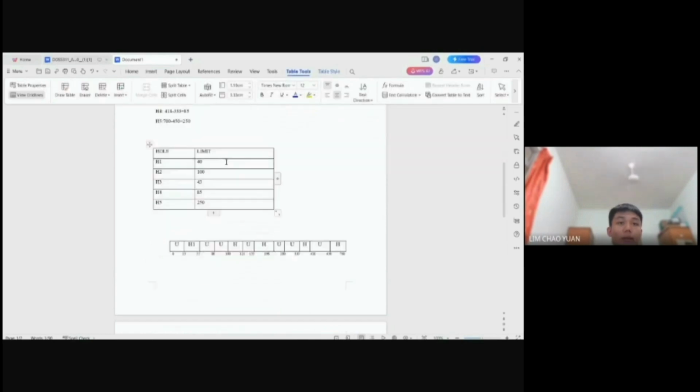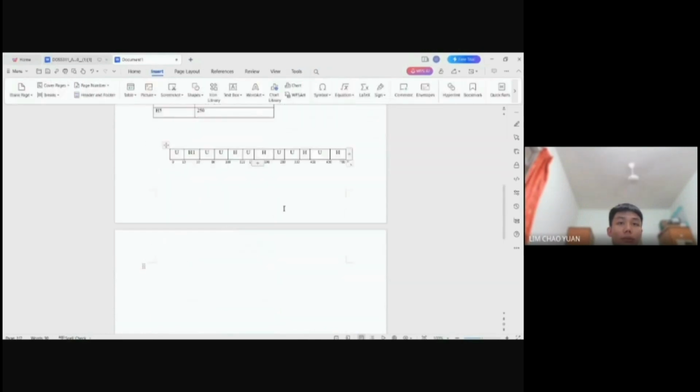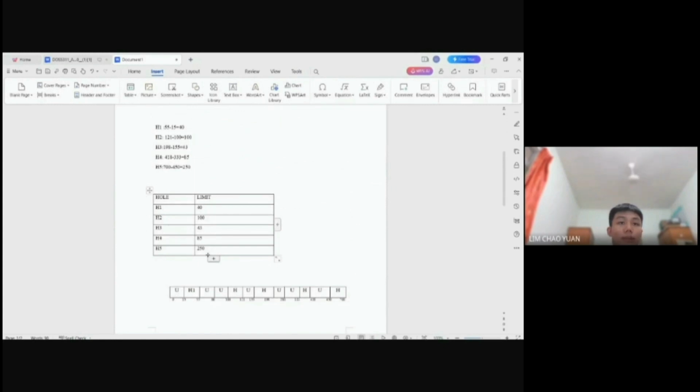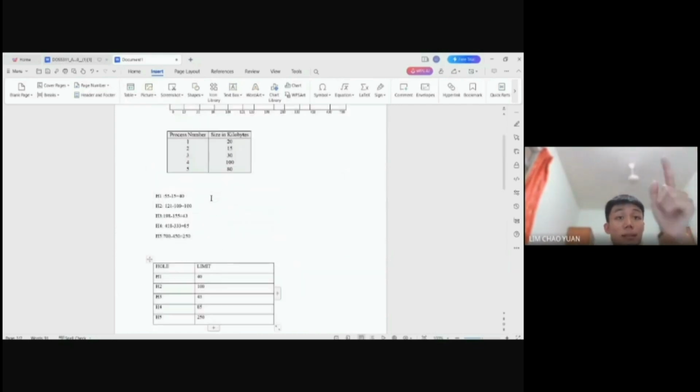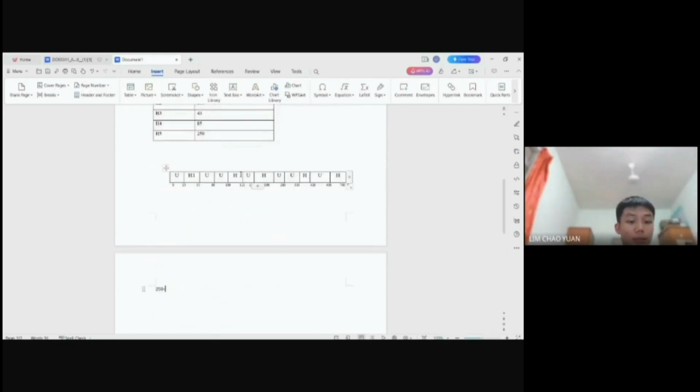P1 is 20, right? So we must see which limit is the biggest, h5, right? So we choose the 215 first. We minus this P1 value, so we minus the 20, and we get 213.